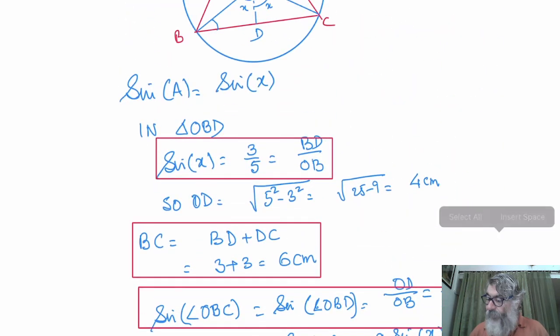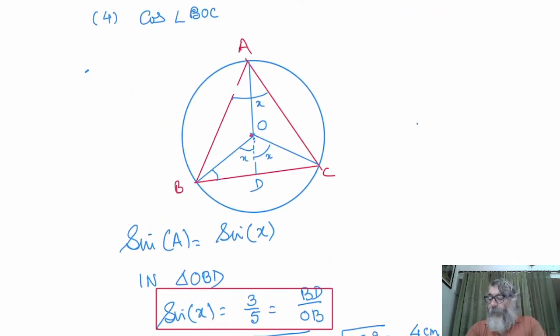You can see the question once again. ABC is an acute angle triangle inscribed in a circle with center O. He has given you sine A as 3 upon 5. Now from the figure, how will we do it?